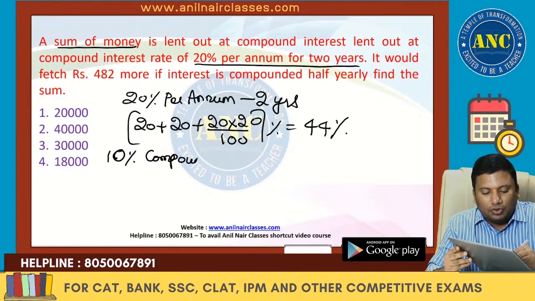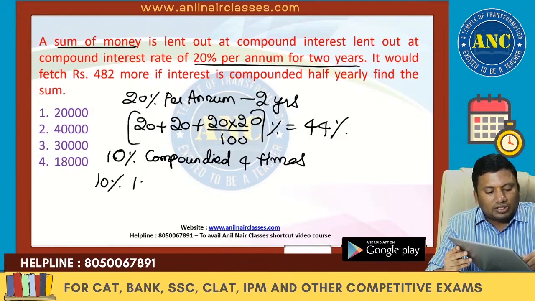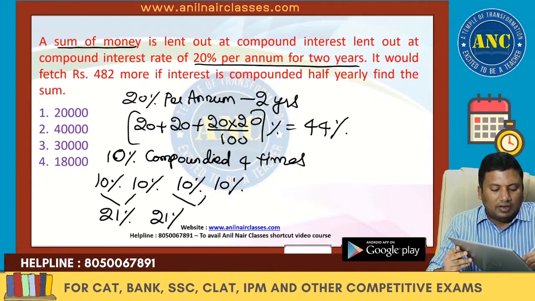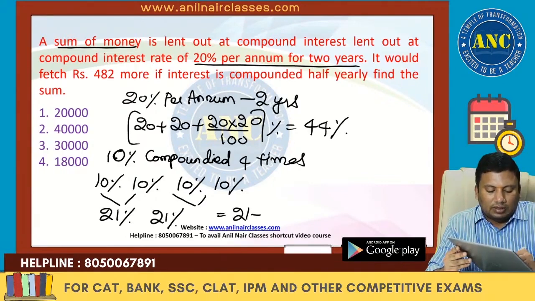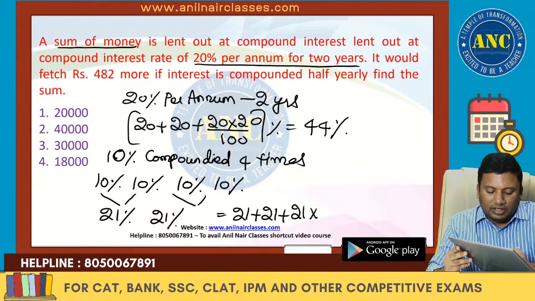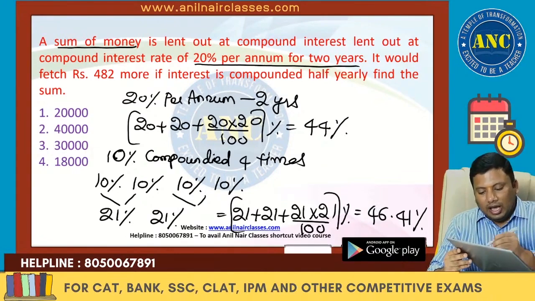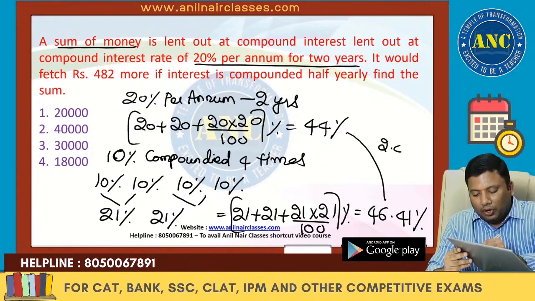In 2 years it is compounded 4 times, so 10%, 10%, 10%, 10%. These become 21%. Using A plus B plus A into B divided by 100, it is 46.41%. The gap is 2.41.